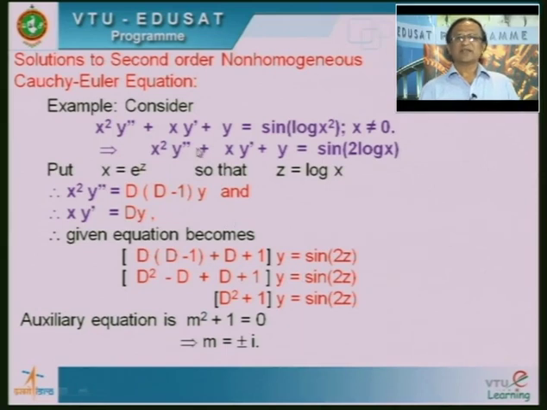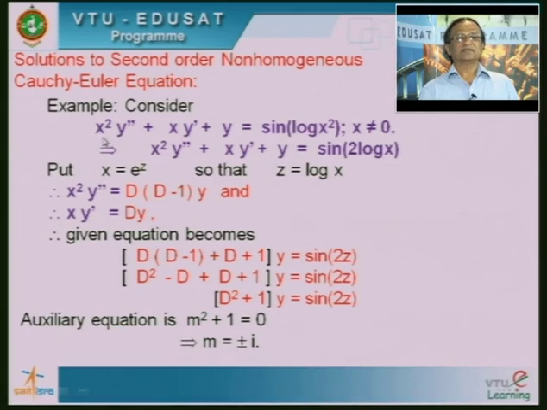Okay. So, you can consider a similar type of example: x square y double prime plus x into y single prime plus y is equal to sin of log x square. It is given that x is not equal to 0. First, I want to verify whether it is a Cauchy-Euler equation or not.